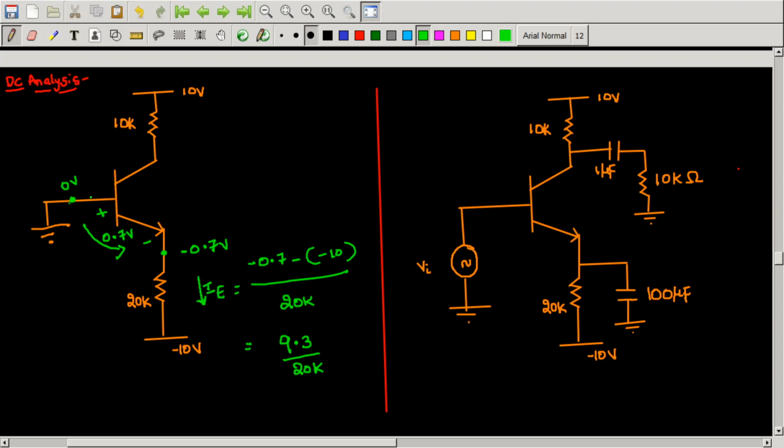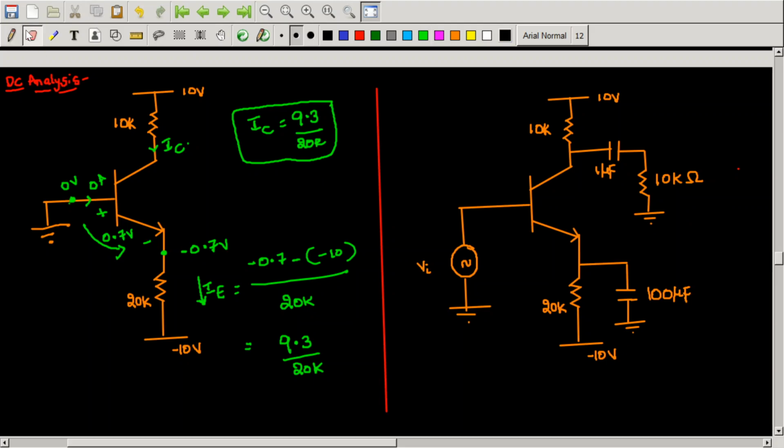Because the base current is 0 amperes, the emitter current IE will be simply equal to the collector current IC, because there is no base current. So IC will also be 9.3 by 20k. Okay.